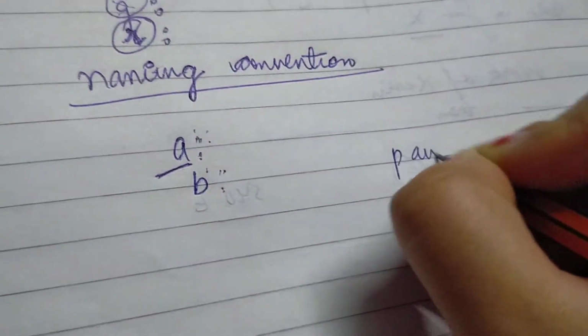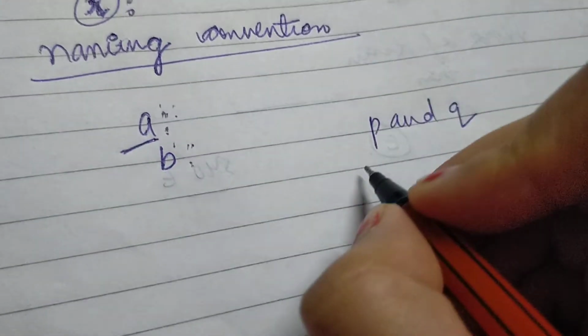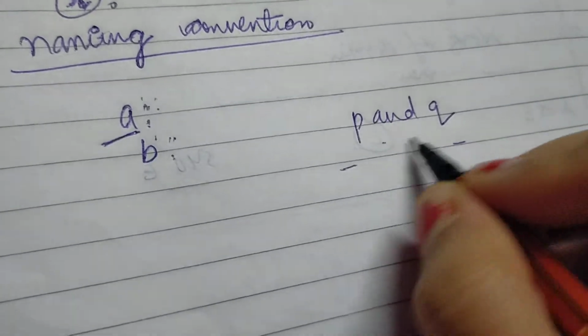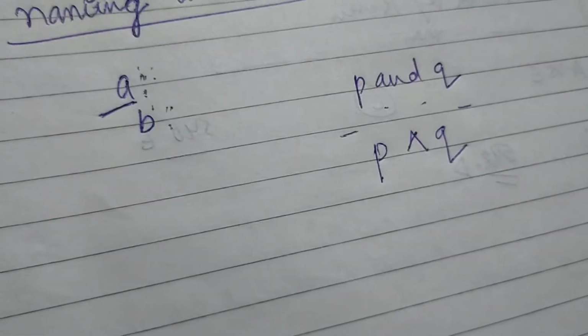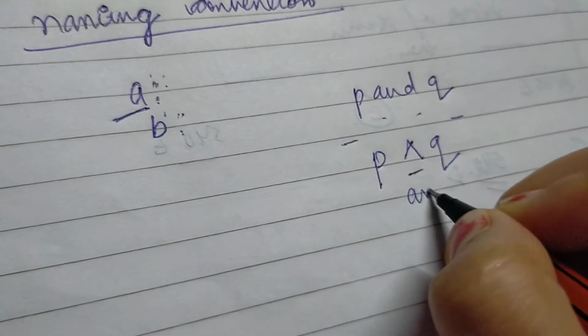If I take P and Q, I can write this as a compound statement, like statement 1 and statement 2. P and Q in mathematics we represent like this. This is the symbol for and.